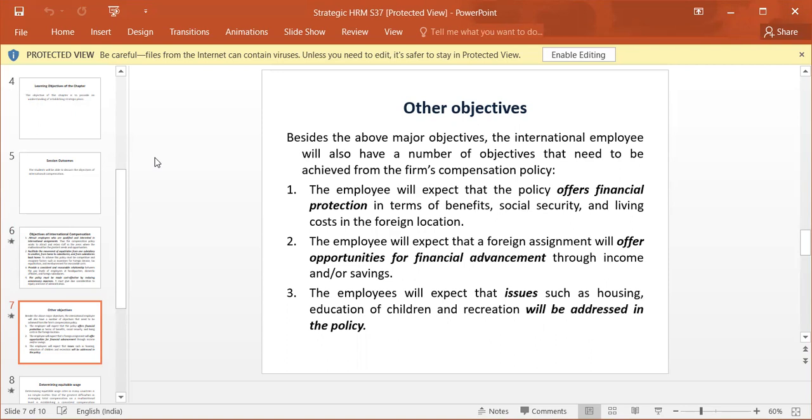The employee will expect that a foreign assignment will offer opportunities for financial advancement through income on savings. The employees will expect that issues such as housing, education of children, and recreation will be addressed in the policy.